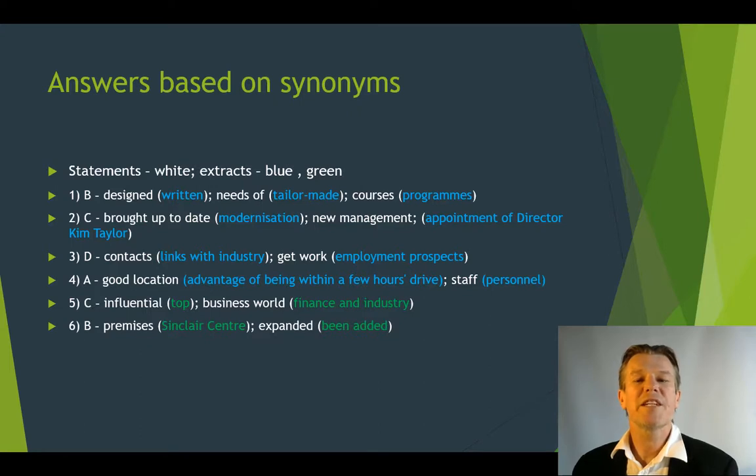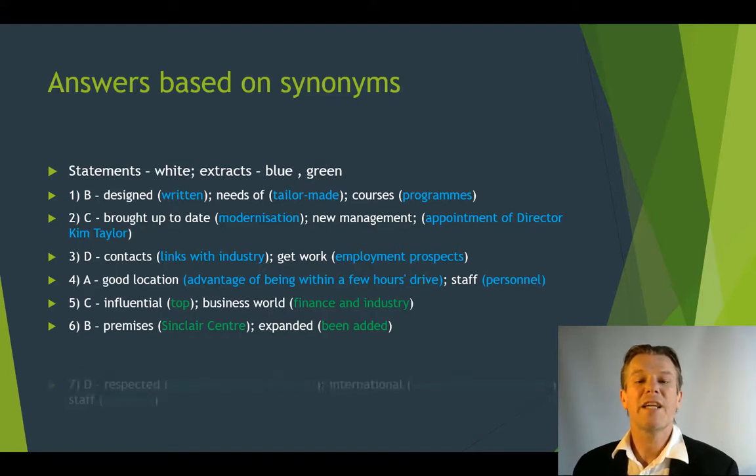Then in statement 6, we had premises, and here they actually had the name of the business, which is Sinclair Center, and expanded, we had the words being added. Please note for 5 and 6, I've put it in green because these texts appear more than once.